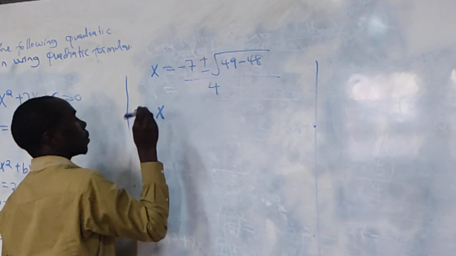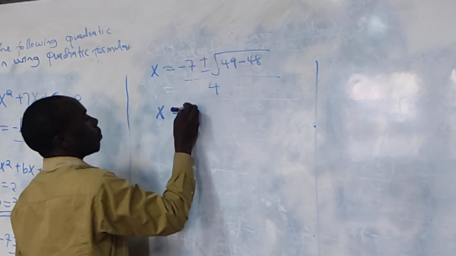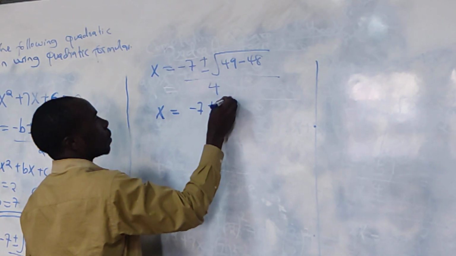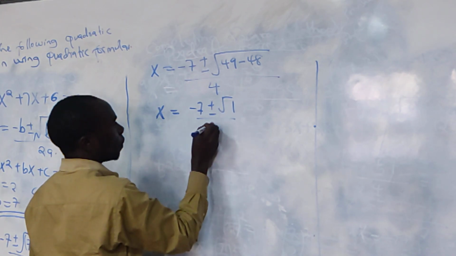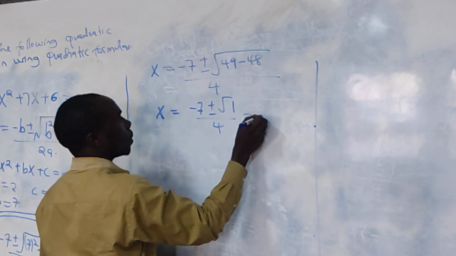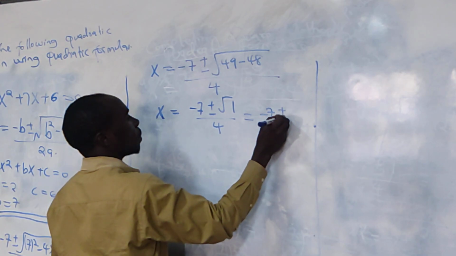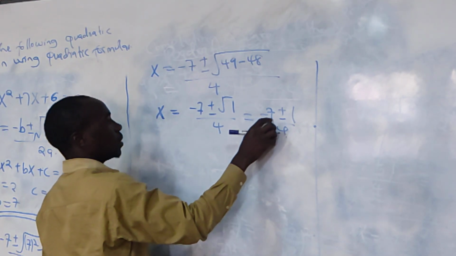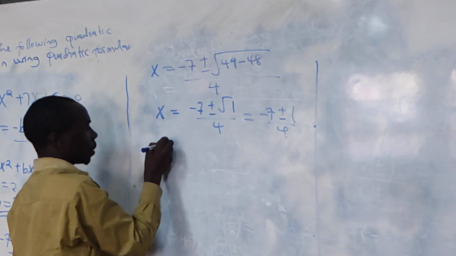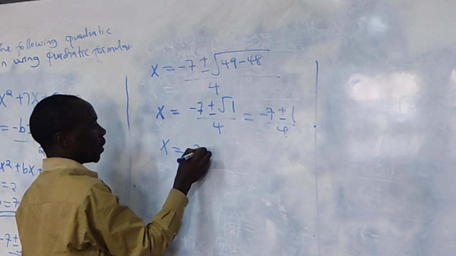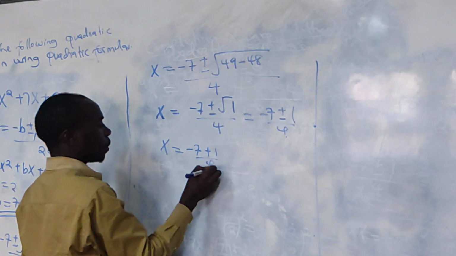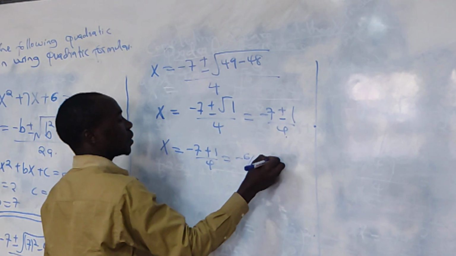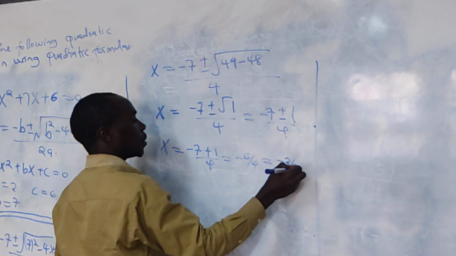So x equals minus 7 plus or minus the square root of 1 over 4, which is minus 7 plus or minus 1 over 4. Taking negative 7 plus 1, x equals negative 6 over 4, which is the same as negative 3 over 2.